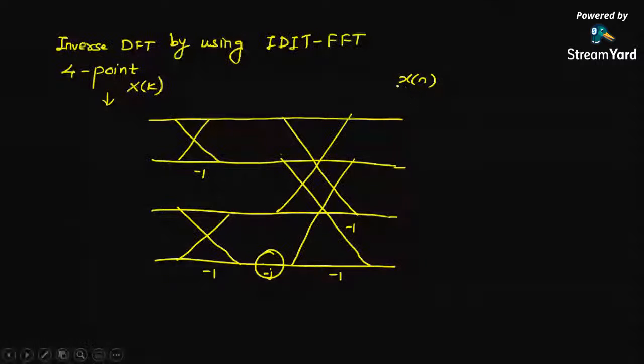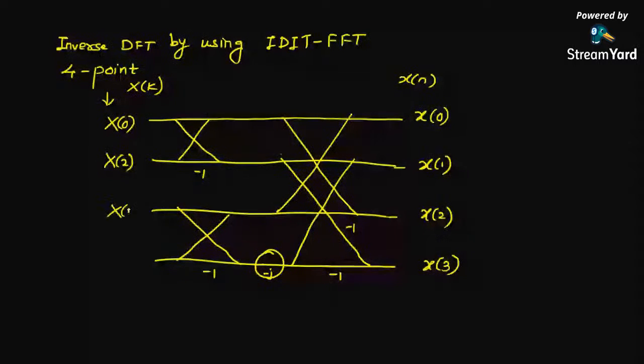In this DIT-FFT flow graph, inputs are out of order and output is in order, so that we will get x of 0, x of 1, x of 2, x of 3 in the output, and input is out of order, means x of 0, x of 2, x of 1, x of 3. Correct. So this is the first change. Input and output relation will be changed.